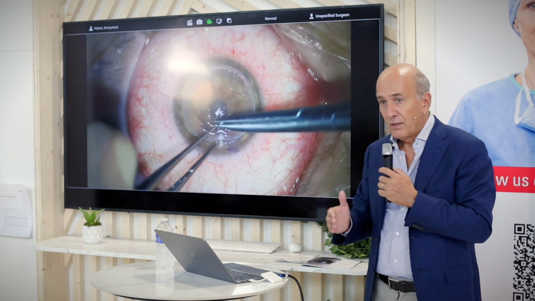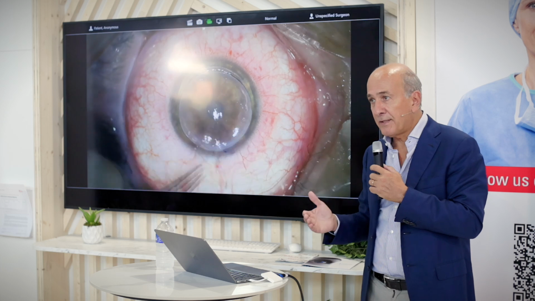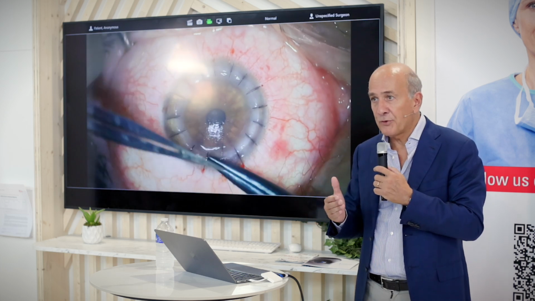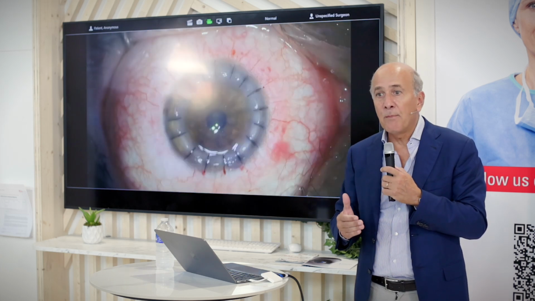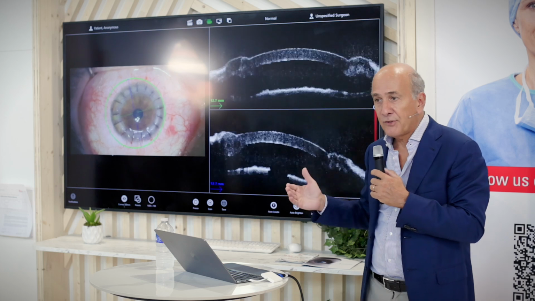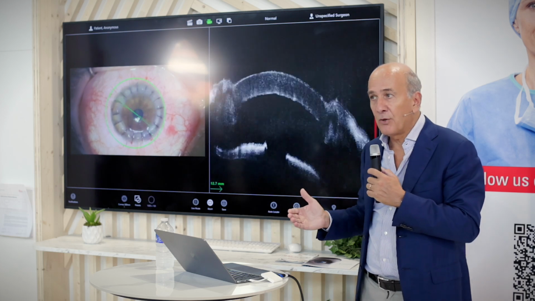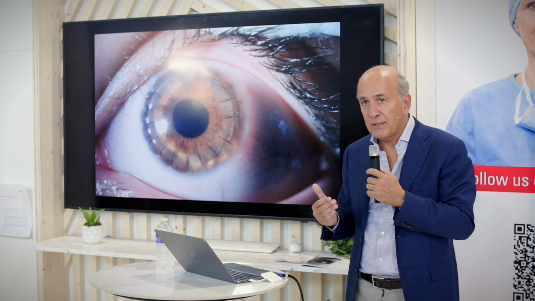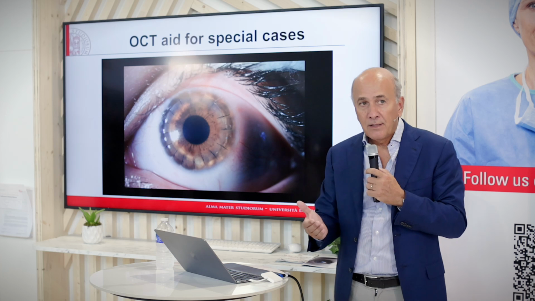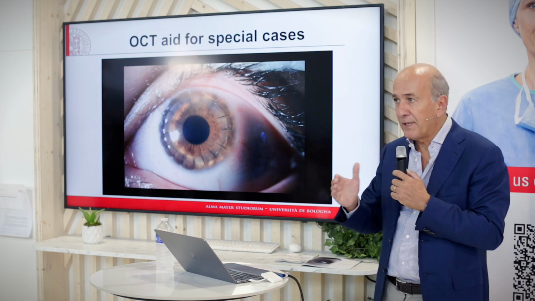So, the story is that without an intraoperative OCT verification, I wouldn't be able to do a lamellar surgery in this case, because my preoperative assessment was actually telling me that there was a full thickness scar.